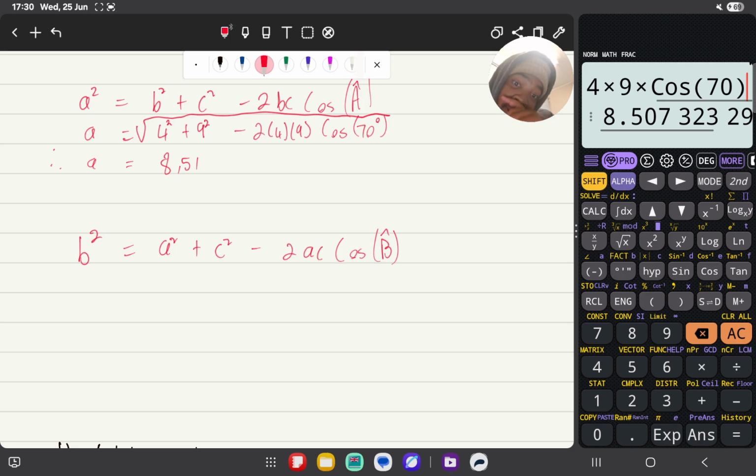So let us do that. I'm going to transpose this whole cos term to the other side so that it becomes positive, and then I take this one and bring it to this side, right? And then later on I divide by 2AC. You understand? Cool.